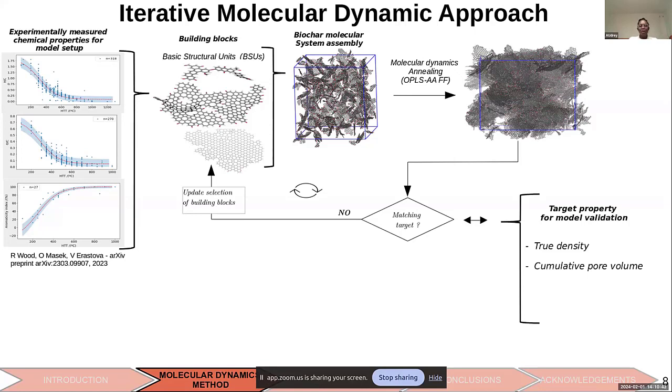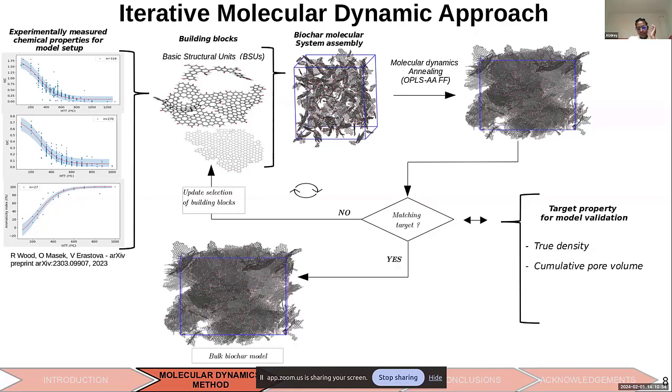But if it doesn't match, then we go back through a selection loop. We update our building blocks and go back through the structure. We continue this until we get the best structure that more or less matches what we desire. And all of this, the molecular dynamics part, is done by GROMACS software.